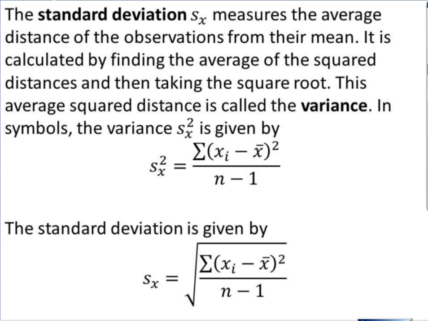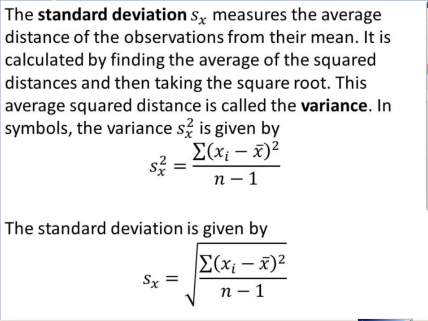The standard deviation, which we call s sub x, measures the average distance of the observations from their mean. It is calculated by finding the average of the squared distances and then taking the square root. This average squared distance is called the variance, and we show the variance as s sub x squared, because it is a squared unit.